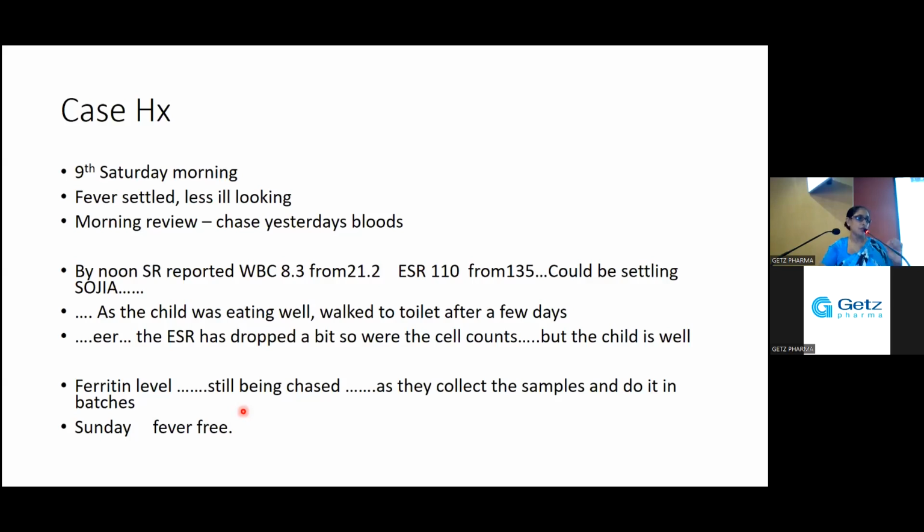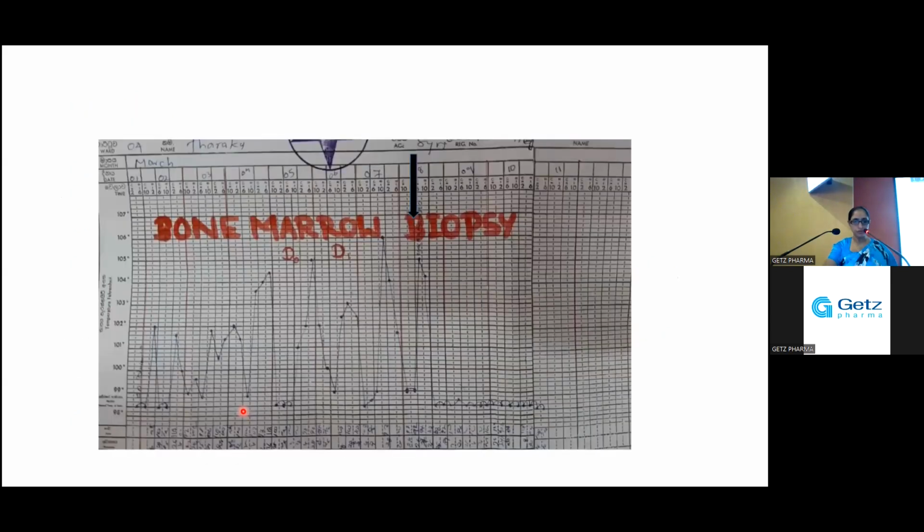She makes sure that now I ask for a ferritin, she provides it the very day, few hours later. But at the time that this happened, it took some time, 2 days for the ferritin to be chased, because they collect the samples to run the machine. They do it in batches. So Sunday, the child remained fever-free. And then, over the weekend, he remained fever-free.